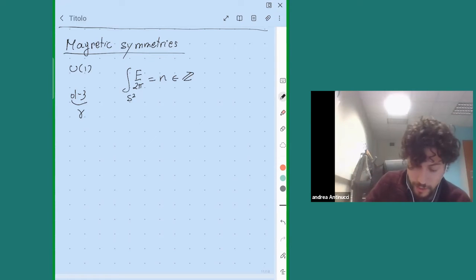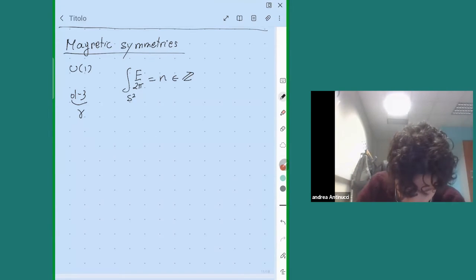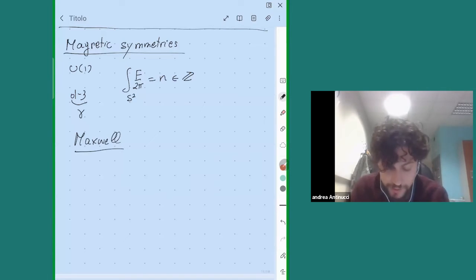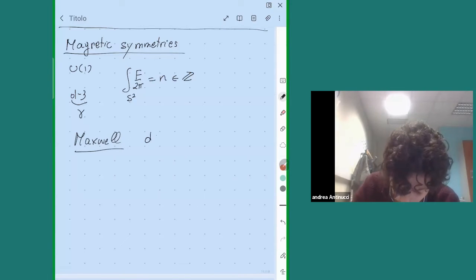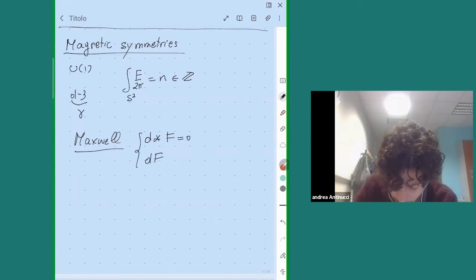Indeed, in Maxwell theory, we discussed before this conservation law, but there is another obvious conservation law, which is just the Bianchi identity.